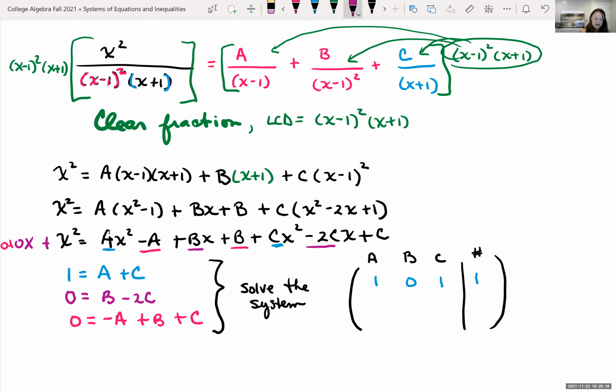So for my second equation, there's no A, so I'm going to put a 0 there. B is 1, in front of C is negative 2, is equal to 0. And then for my third row, I have negative 1, 1, 1, and 0.